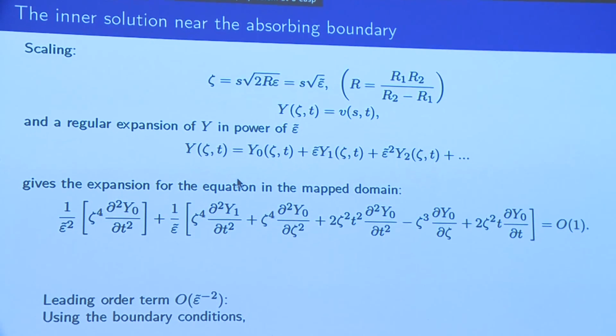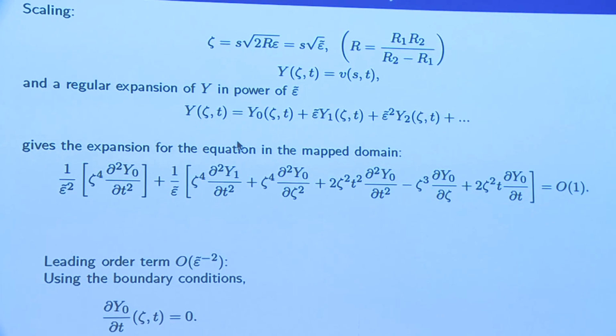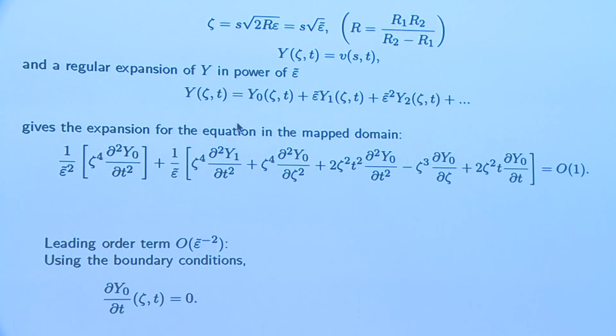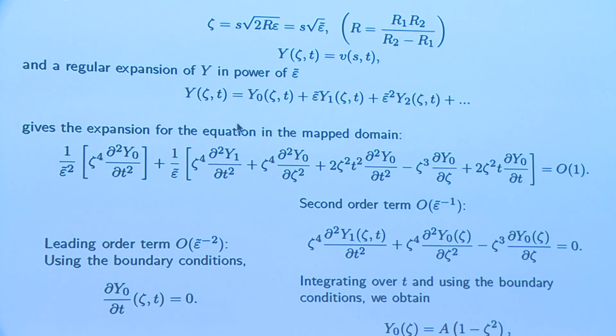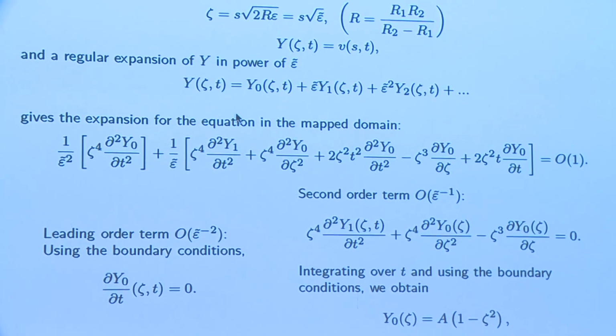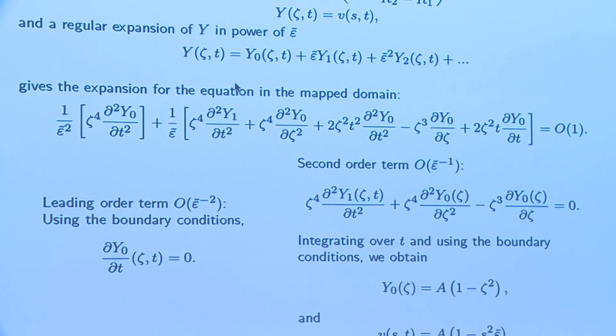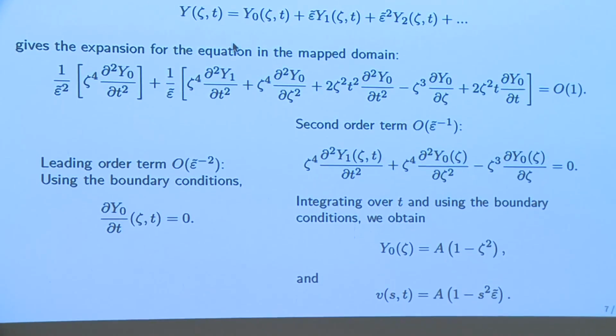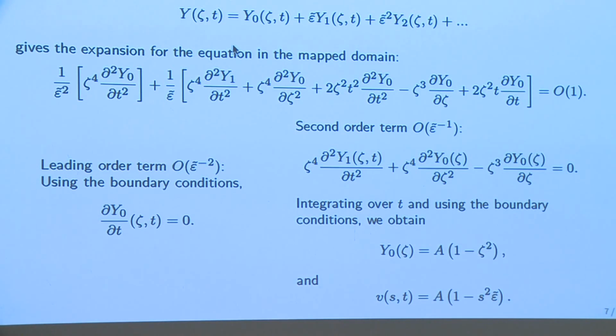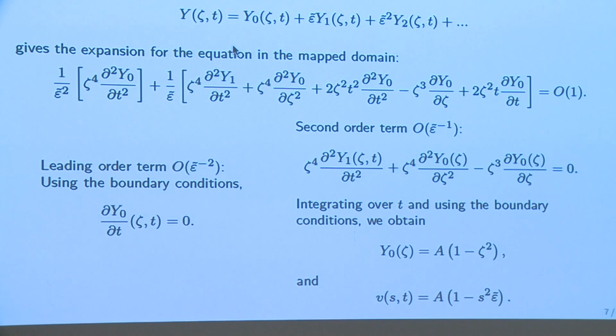So using this equation and the boundary condition we have on the blue and green boundaries, we can show very easily that y0 is independent of t. Okay, this is what we get from the first term. The second order term gives us this equation here, and integrating over t again, we can show that y1 is as well independent of t.